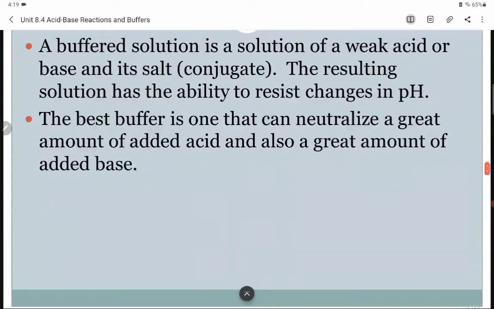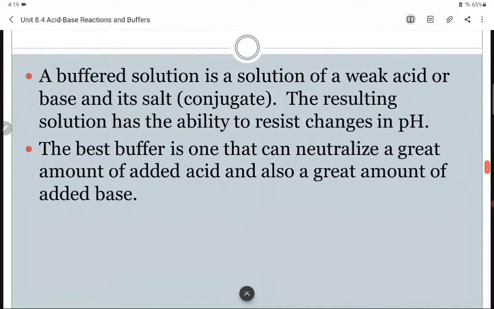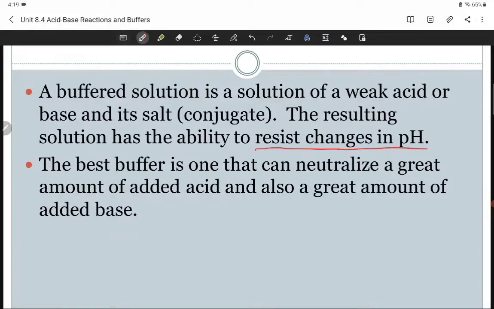So what is a buffer? This is the part that's important. Well, it's not the only part, but buffers resist pH change. And the reason they resist pH change is because they have both of those components, the weak acid and its conjugate base, or weak base and its conjugate acid. So if you would throw some hydroxide in there, it would get neutralized.